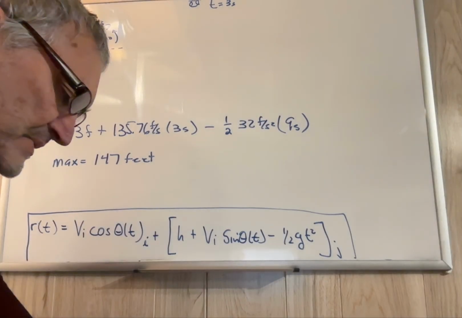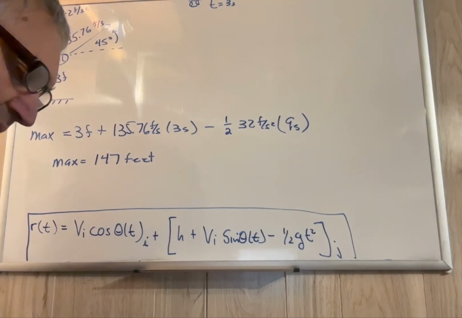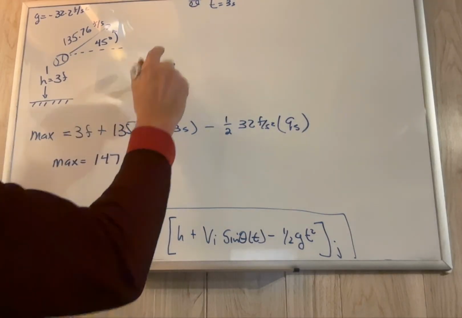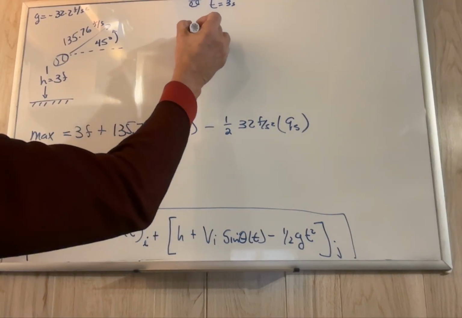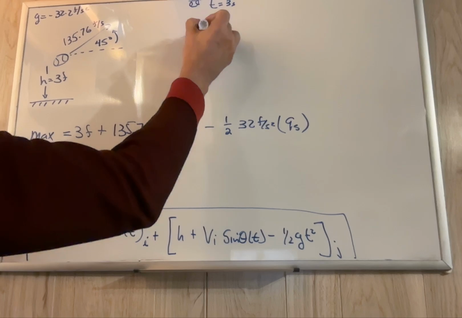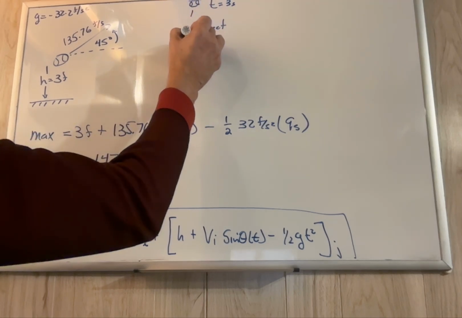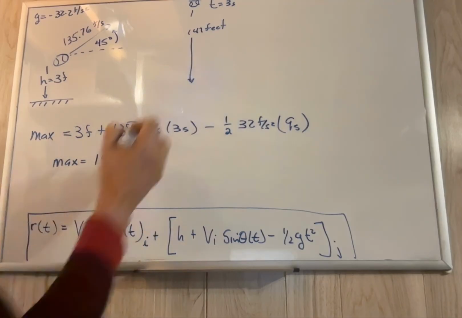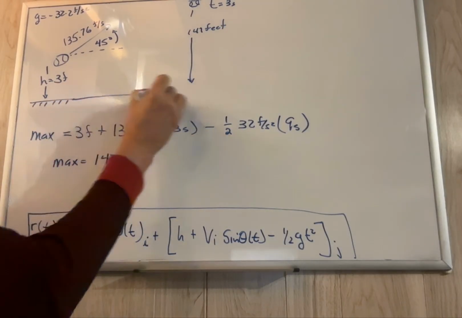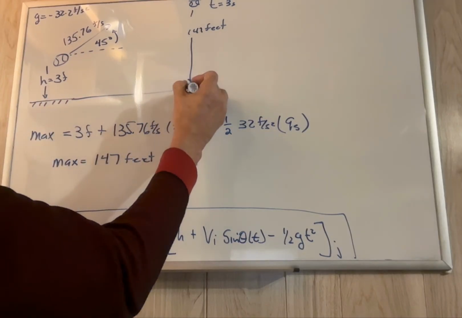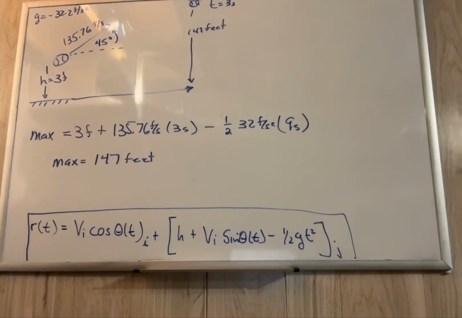Let's see what happens in x at 3 seconds. We know this is in the y direction, so our max is 147 feet, from here to here, all the way down to the ground. Let's find out what it is in the x direction. How many feet is it from when the ball's hit to the fielder out here, so to speak?